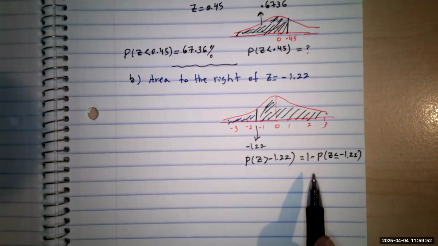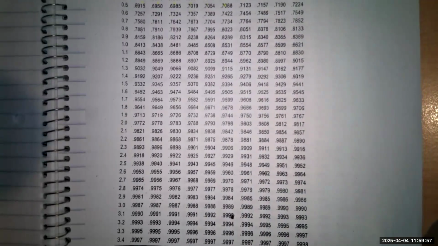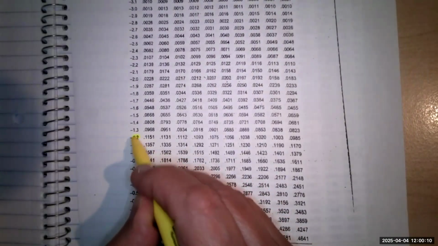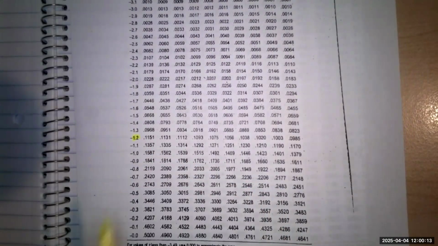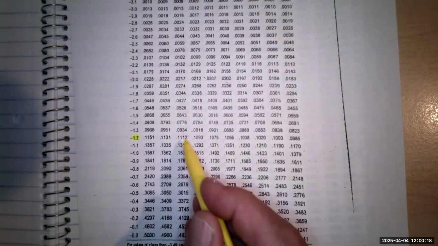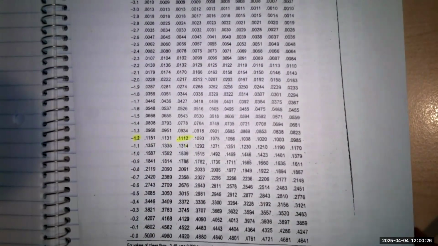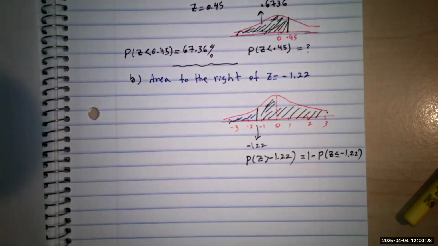And now, if you want to do it as is using the table, okay, this is the table. You have to identify -1.22. You go to the negative numbers. You identify -1.2 first, then 2. You see, 2, 0, 2, 1, 2, 2. So this is the area to the left: 0.1112, 11.12%.